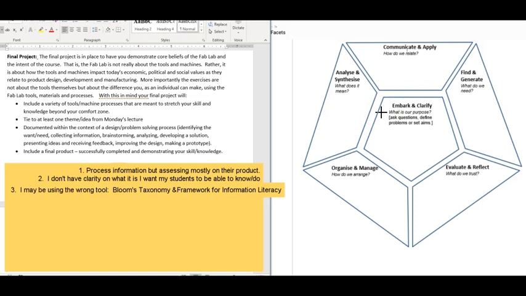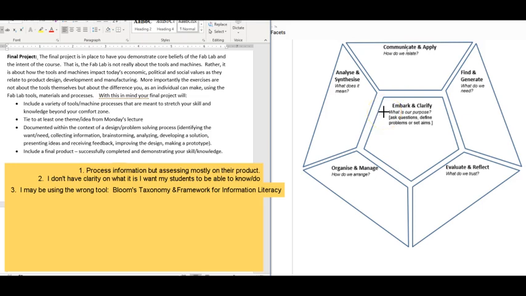I have to consider that perhaps I'm using the wrong tool to frame this assignment. So when I take a look at documenting the problem-solving process, the problem-solving Pentagon works well. But if I'm looking at higher level thinking skills, or if I'm thinking about matching my expectations to what I'm telling the students, I may want to go visit Bloom's taxonomy to make sure that what I'm asking the students aligns with my thinking.